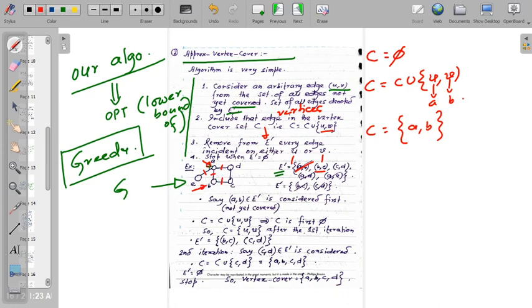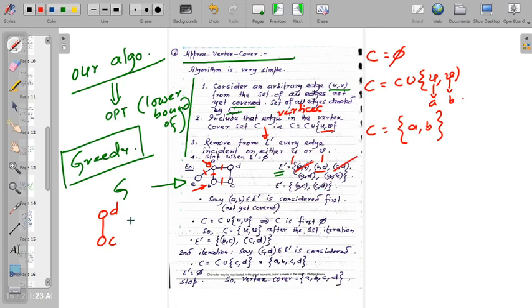These edges will be removed after the first iteration. Then the graph will consist of D and C. Now we can consider this CD edge.